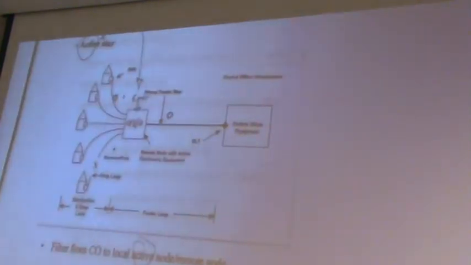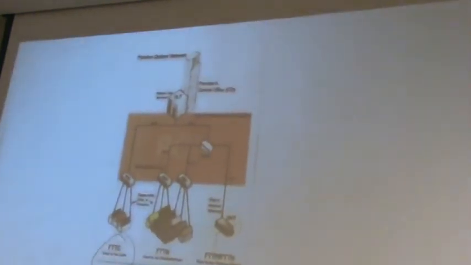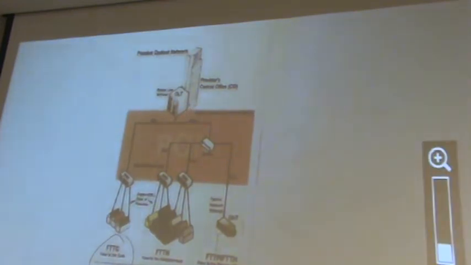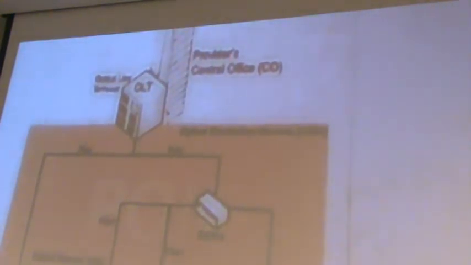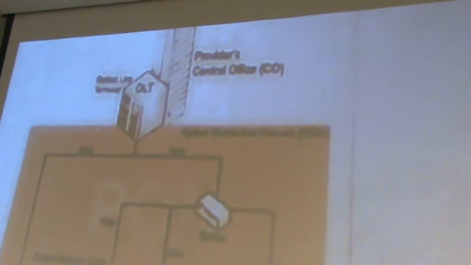This wouldn't be part of it. Oh, and here's the one I'm looking for. Obviously, I have a whole lot of electronics here in the central office and other places, right? But the part labeled PON here in orange, all this has to be just optical, no electronics. That's the point.